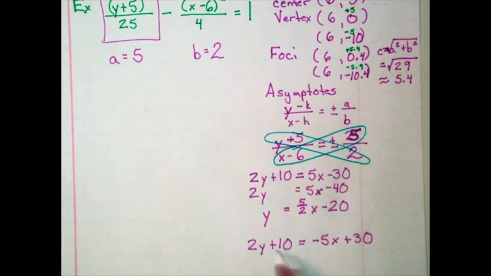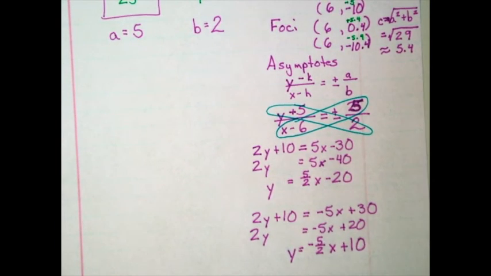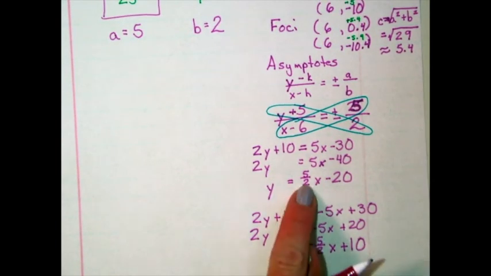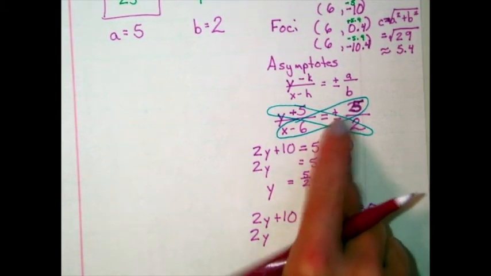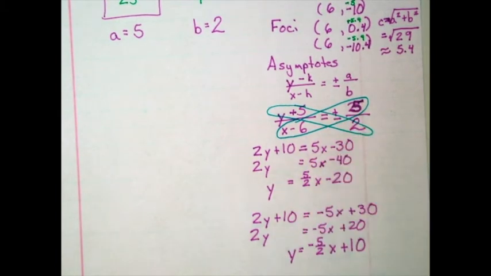And then on this one we have to subtract 10 from both sides. So we're going to have 2y is equal to negative 5x plus 20. And when we divide everything here by 2, we'll have y is equal to negative 5 halves x plus 10. So see how those are the opposite signs for our two slopes. We've got positive 5 halves and negative 5 halves, just like it told me up here, plus or minus 5 halves. And we've got those two equations.